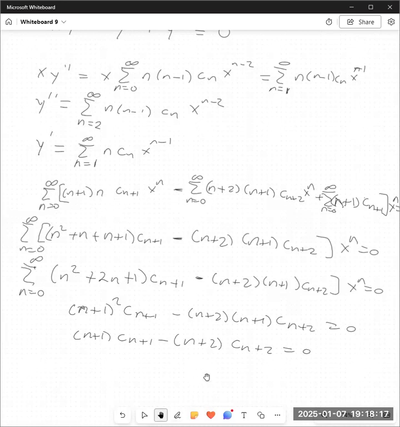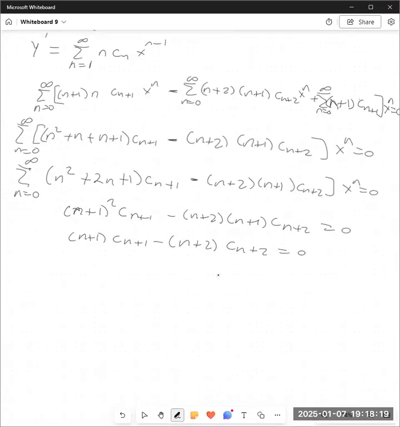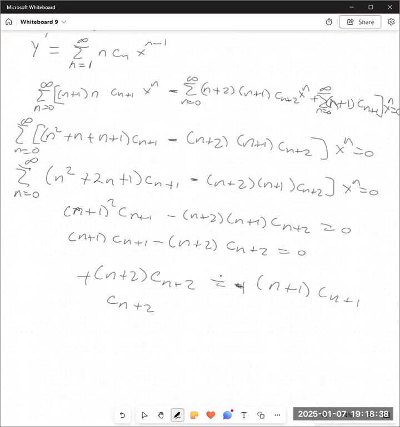Going to solve for the one with the higher index, which is the c_{n+2}, so negative (n plus 2) c_{n+2} equals a negative (n plus 1) c_{n+1}. Negative divided by a negative is a positive. c_{n+2} equals (n plus 1) over (n plus 2) times c_{n+1}.